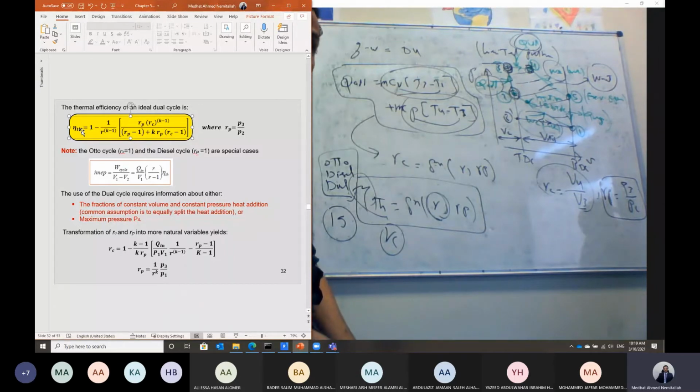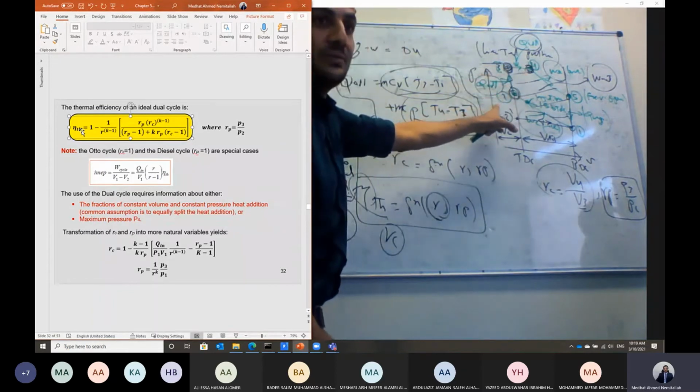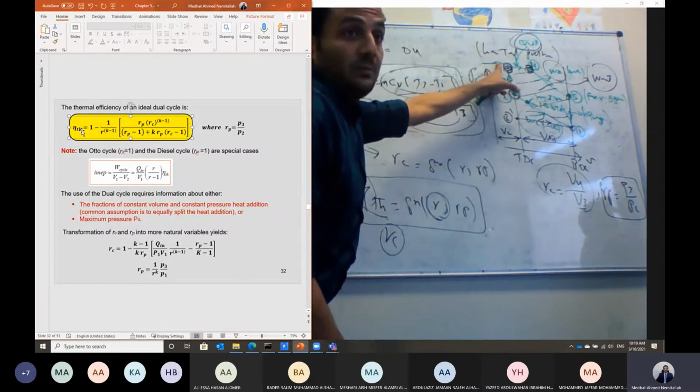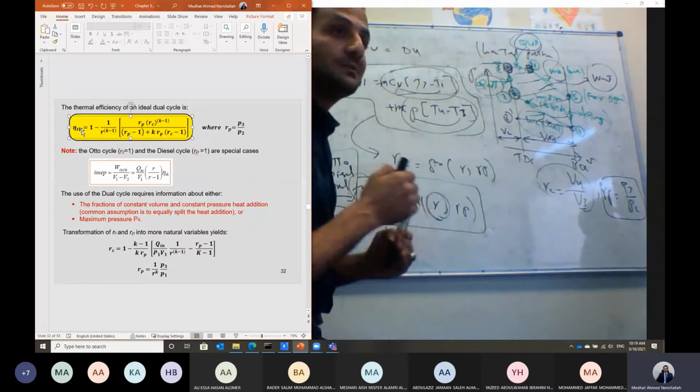But as we said, why are we using mostly gasoline engines in different applications? Because gasoline engine results in fewer emissions, and also the gasoline engine can run at higher speed. In case of diesel engine, as you can see, the combustion is delayed. It takes some time. Part of it takes place at constant volume, and the other part takes place at constant pressure. So it needs time.